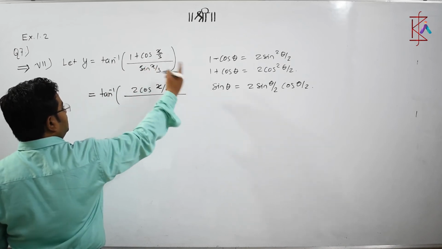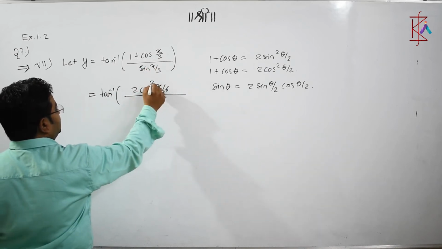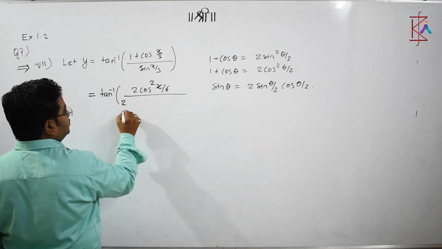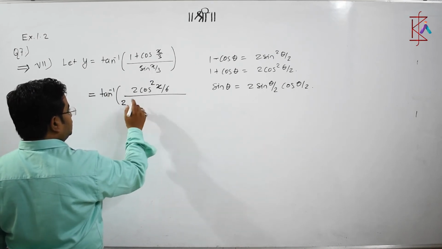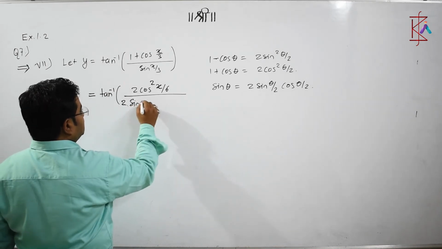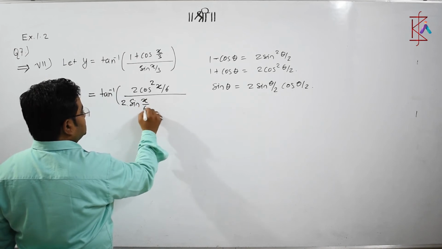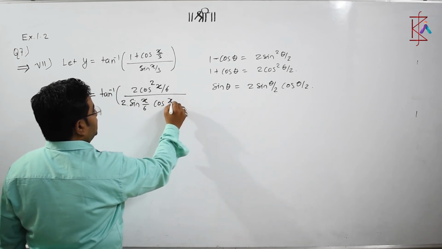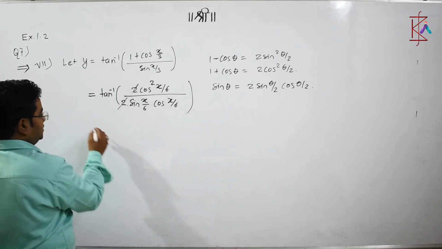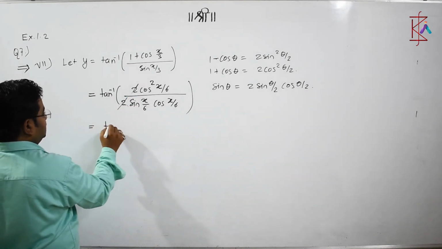Because 2 into 3 will be 6, on that basis I am writing it. This will get cancelled.